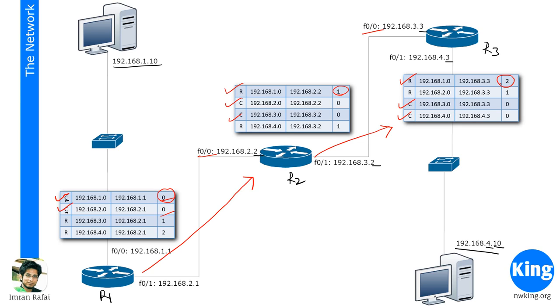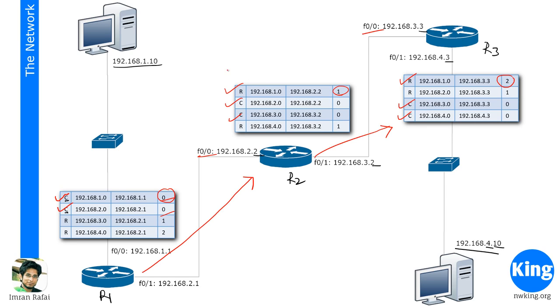To avoid looping, or counting to infinity, RIP has a mechanism called split horizon. Split horizon says: do not send an update about a network or route on the interface through which you learned it. In this case, let's say router 2. Where did router 2 learn about 192.168.1.0?